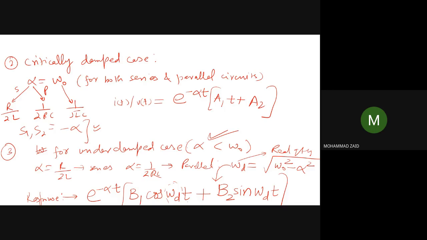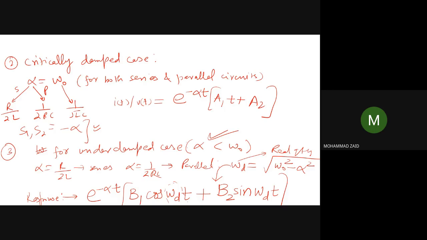So, if C and L are assumed to be constant, then you can see that for the series case, alpha is directly proportional to R, and for the parallel case, it is inversely proportional to R. That means if you have a high value of resistance in the parallel case, then alpha will be small, a very small number can come up here.